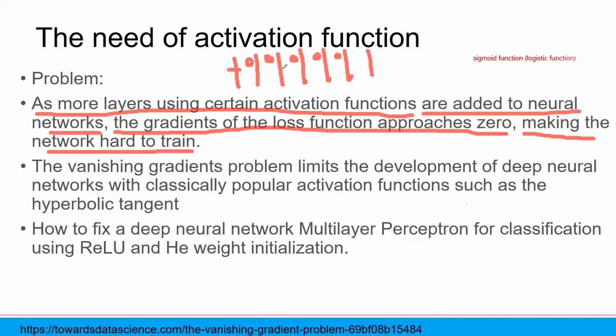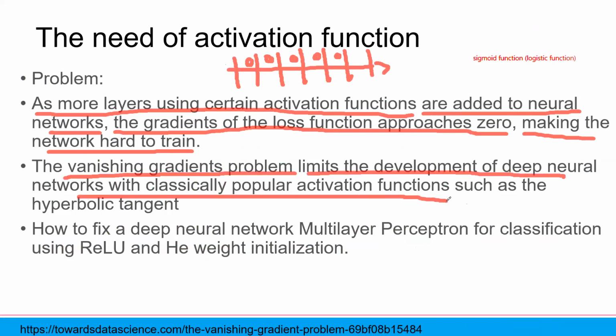If everything is 0, then of course the network will not work. This is the vanishing gradient problem. It limits the development of deep neural networks with classically popular activation functions, such as the hyperbolic tangent. So if we use the hyperbolic tangent and a 0 occurs, then the network will always give you 0, and that is not good.